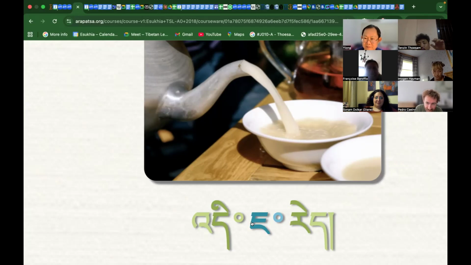There is salt in it. So when tourists come to Dharamsala, when they have first time Tibetan tea, they say, this is not tea, this is soup. Alright. Something like that.